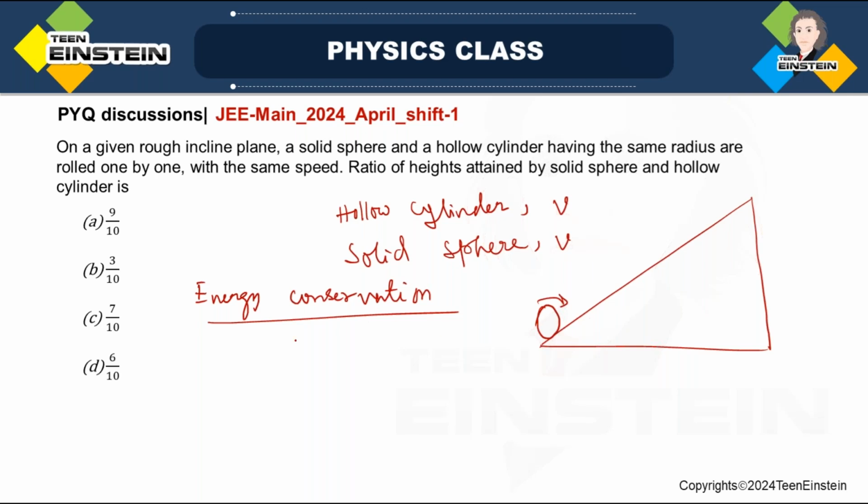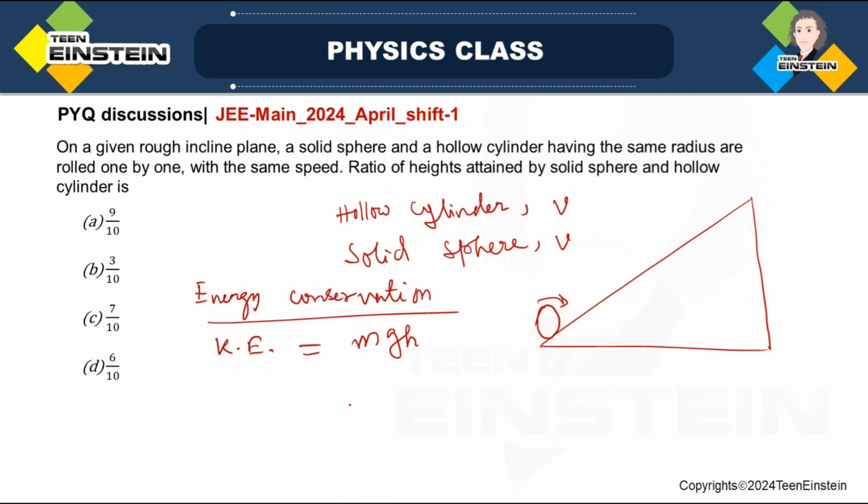According to energy conservation, the total kinetic energy will be exactly equal to mgh, the potential energy. So this is the maximum height one object can attain.